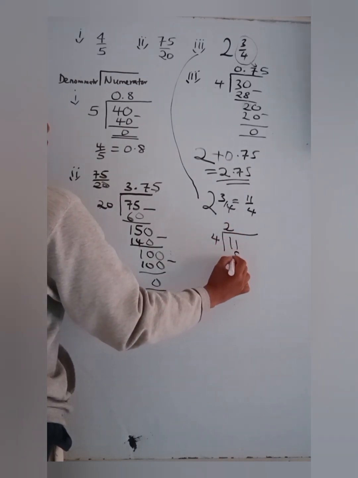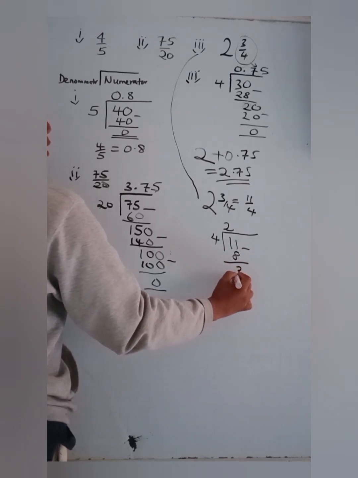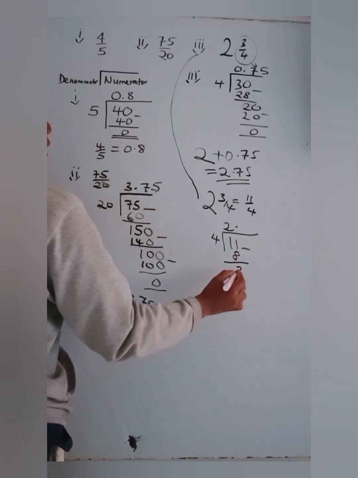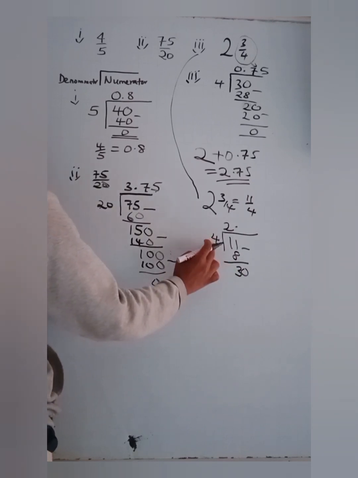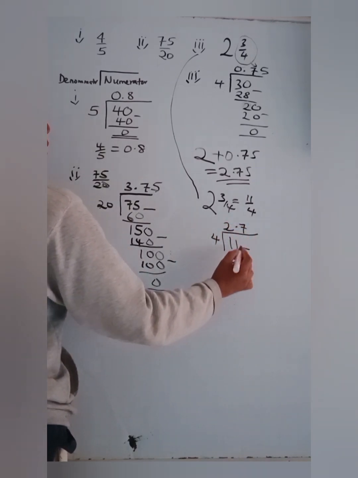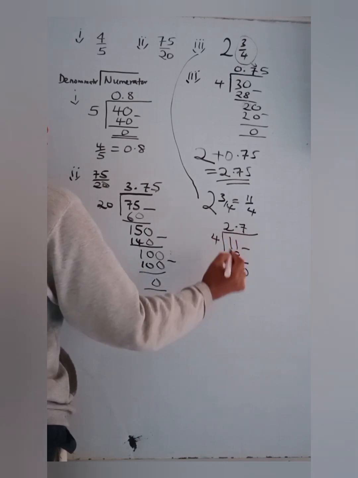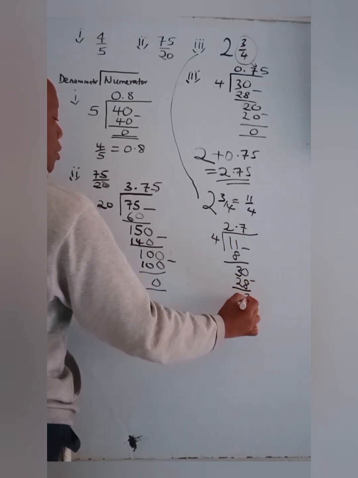And that gives us 8. When you subtract, you get a balance of 3. Let's add a small point here. Add a 0. So 30 divided by 4 gives us 7. And that is to say 7 times 4 gives us 28. It remains 2.